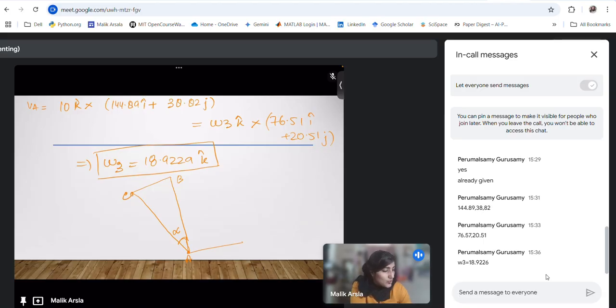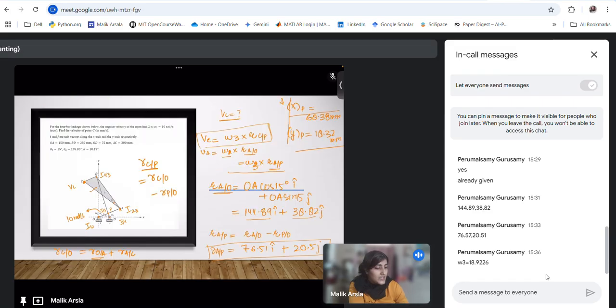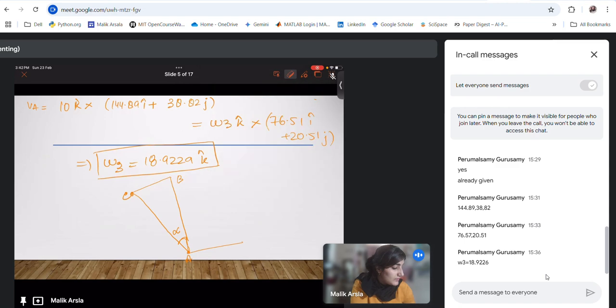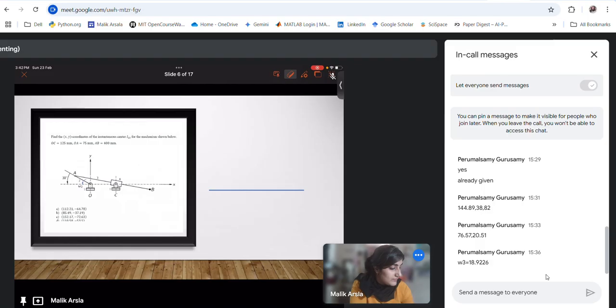And we know that in this linkage, if this is theta 2, this is theta 4, then this here will be theta 3, right? Let me write this more clearly so that you understand. Sorry, let me draw.